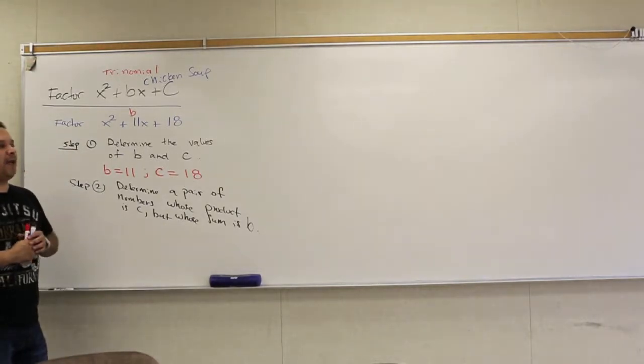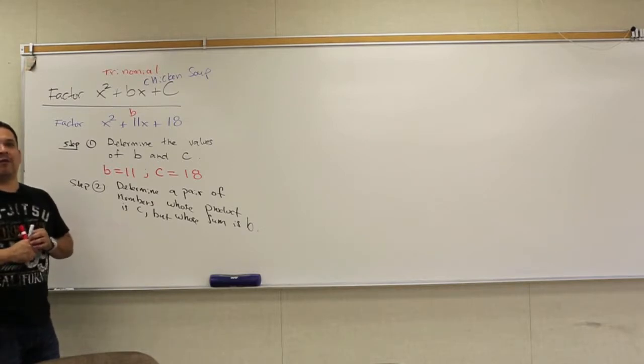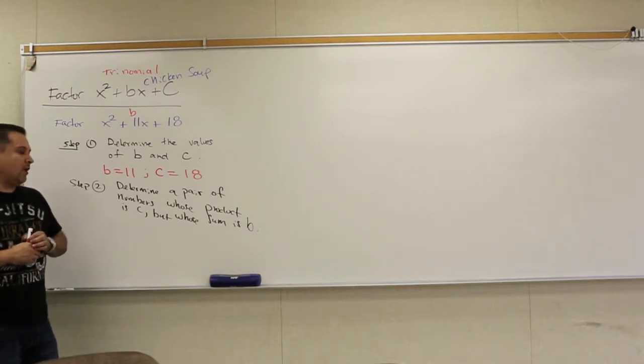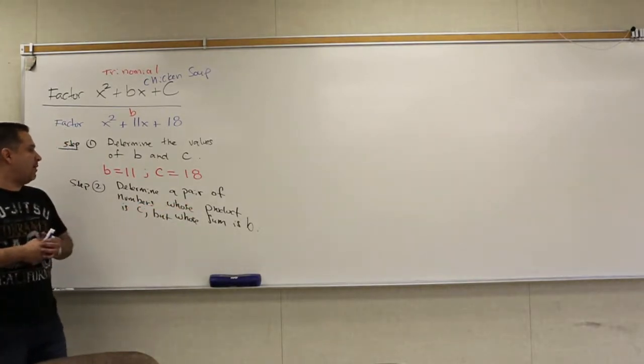What does a pair of numbers mean? How many numbers is a pair? 2. Is that true? Two numbers form a pair. So you give me a pair of numbers whose product is C, but whose sum is B.